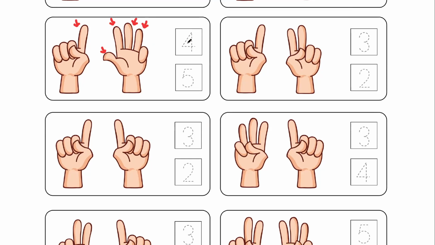Now you can see that in front of you, you got two boxes. One box contains number 4 and the second box contains number 5. And 4 is not the correct answer because we have just counted that the correct number is number 5. So let's start tracing the correct number, that is number 5.